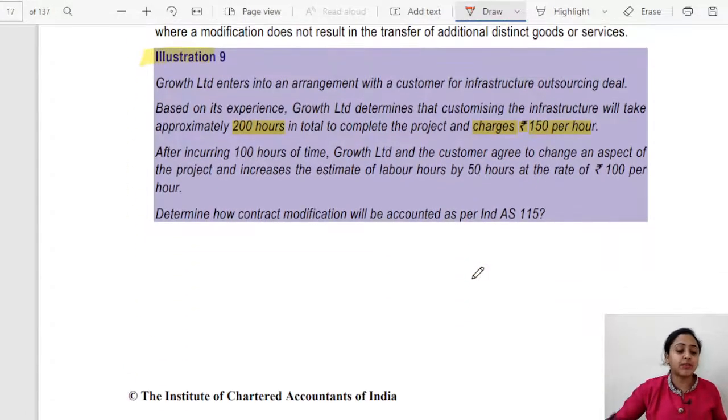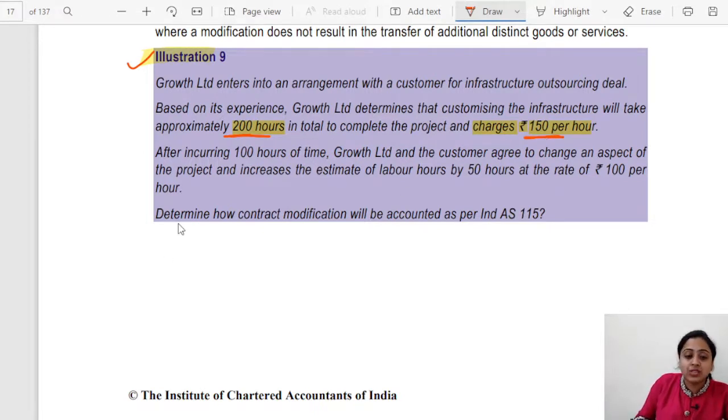Next, illustration number 9. Growth Limited enters into an arrangement with a customer for an infrastructure outsourcing deal. Based on its experience, Growth Limited determines that customizing the infrastructure will take approximately 200 hours in total to complete the project and charges rupees 150. I have discussed the same question in the notes part. Initially it was 200 hours at the rate of rupees 150 per hour.